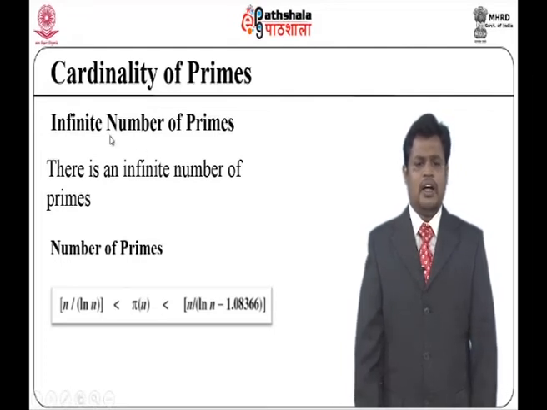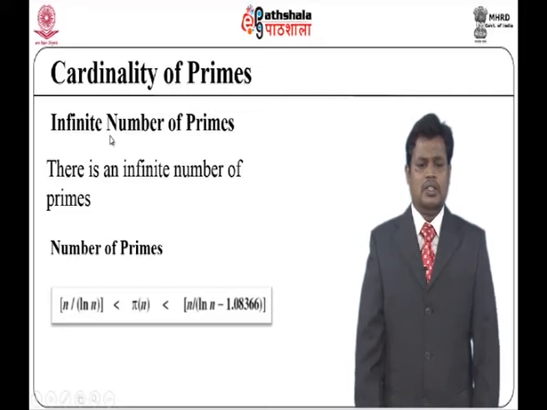If I take prime numbers, there will be an infinite number of primes. If I want to find out the number of primes for n, how can I find it? That is given by two different formulas, from Gauss and Lagrange, where they define the upper limit and the lower limit.